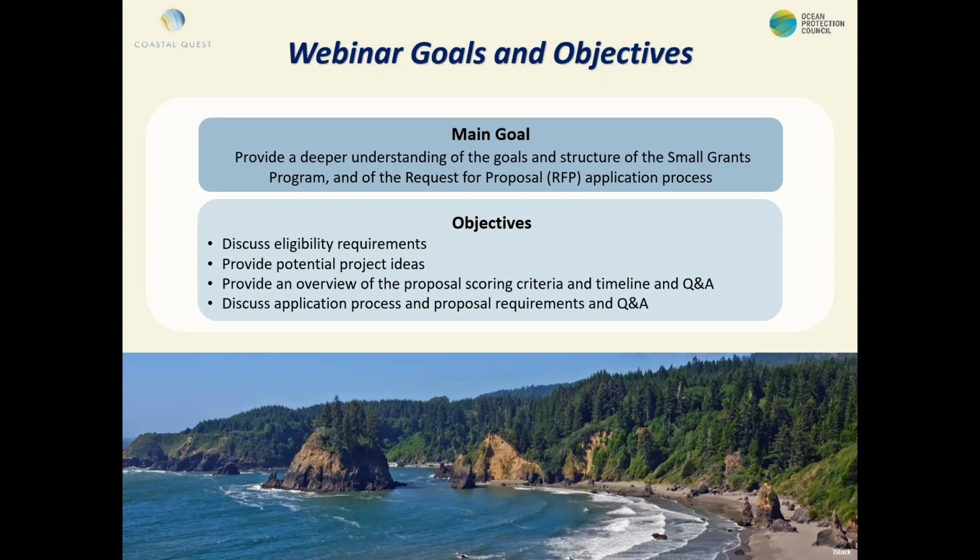We'll talk about eligibility requirements. We'll provide some potential project ideas, and then provide an overview of the proposal scoring criteria and timeline. Then we'll have opportunity for Q&A, and then we'll talk about the application process and the proposal requirements, and then again we'll have time for Q&A.